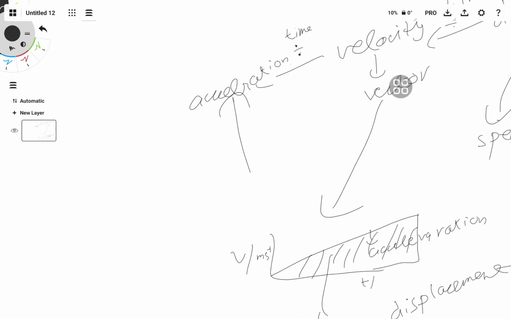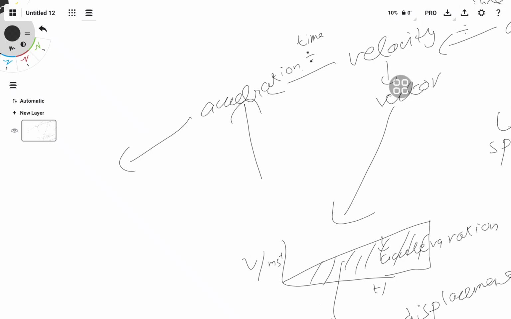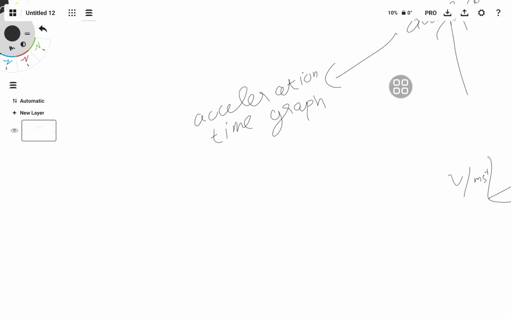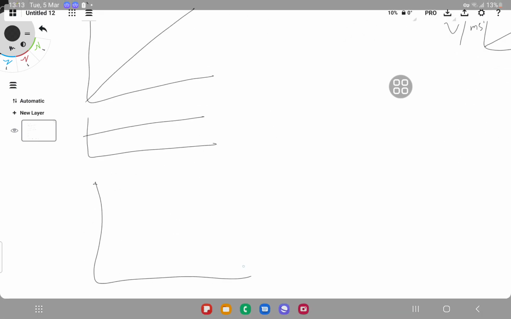In an acceleration time graph, acceleration time graphs are very straightforward in the way that they are basically made. They can be like this, or like this.